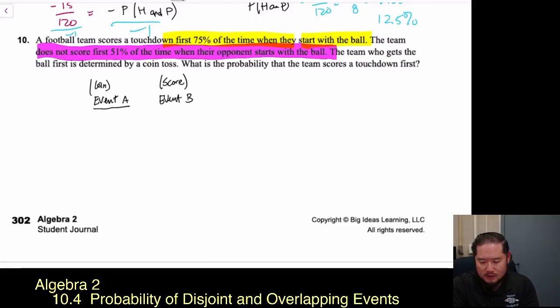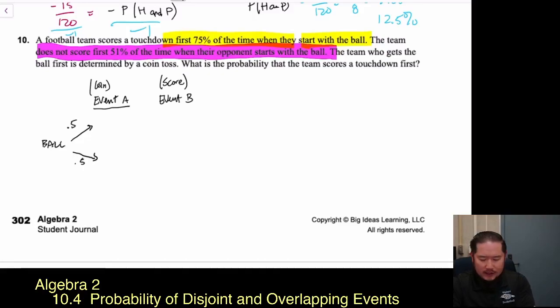So I'm going to go ahead and put right here, let's say we have the ball. How do you win the ball from the coin toss? And we'll say you have a 50% chance, or 0.5, right? That makes sense because we're talking about a coin, two sides.